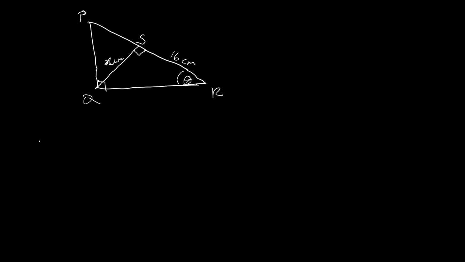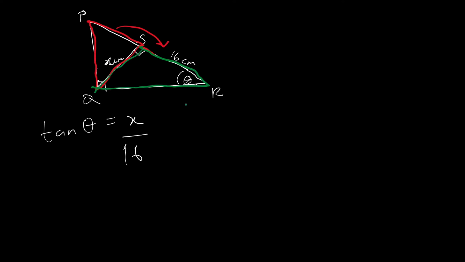Now we know that tan theta, which is opposite over adjacent, will be X over 16. But taking a look at these two triangles, if we flip this triangle such that it lies on triangle QSR, we know from the question PS is 9 centimeters.